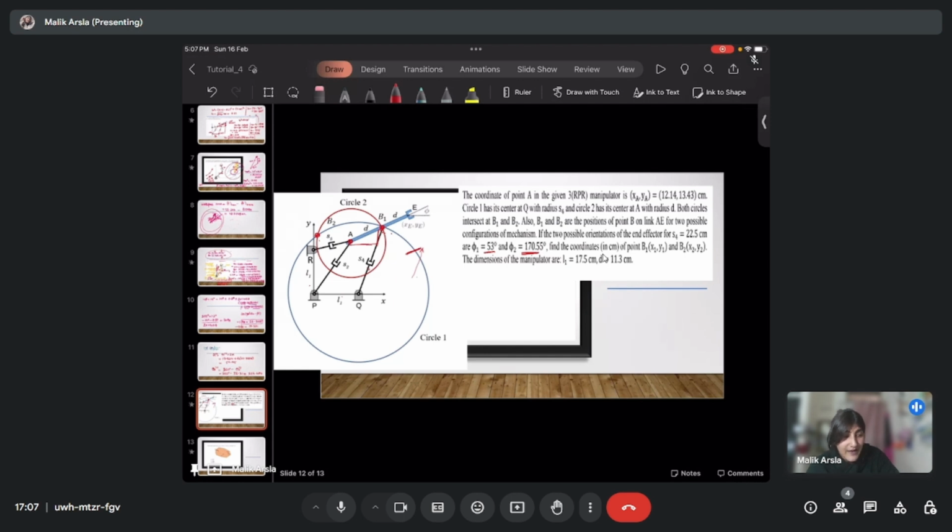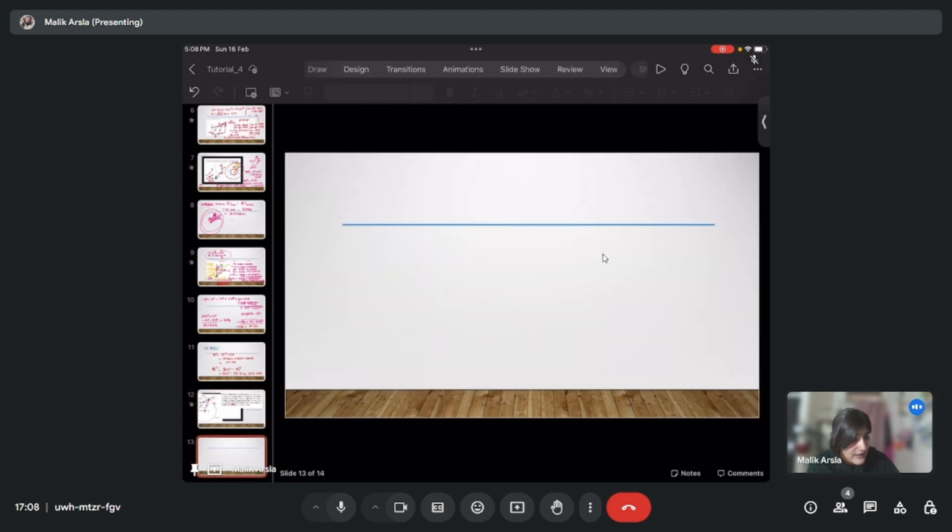And yb will be ya plus d sine alpha, right? This we have seen so many times. Similarly, we can write the coordinates in the second configuration in a similar manner, just the value of phi will change. Okay, so let me do it on the next page. I hope you understood the idea of the question, that is important.